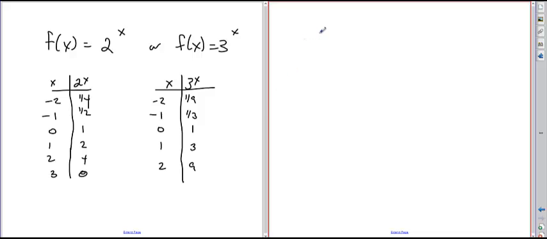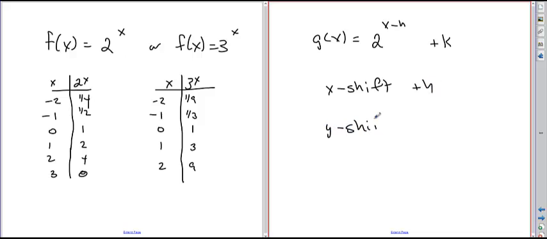Now, what we're going to talk about here is some transformations. So the form of the transformed function, let's first talk about just x and y shifts. So we had 2 to the x minus h plus k. This would be an x shift of plus h and a y shift of plus k.